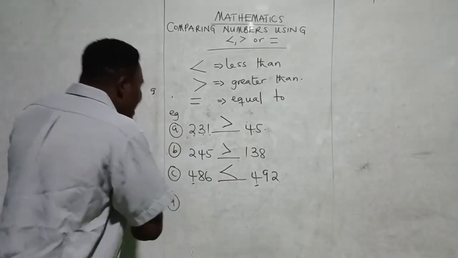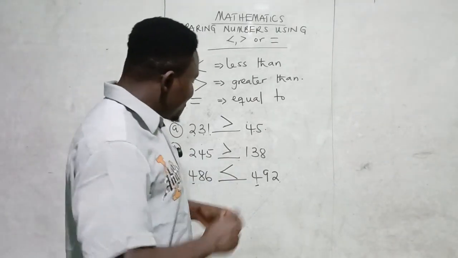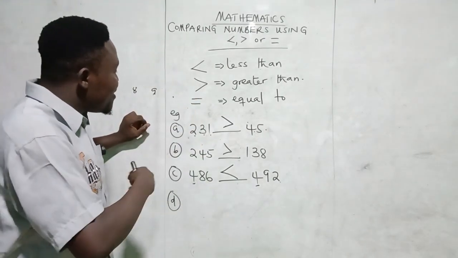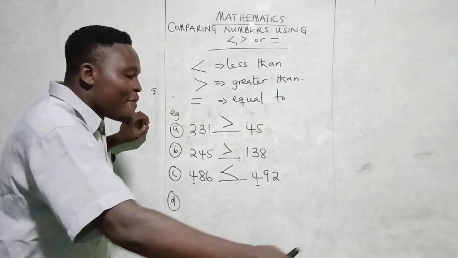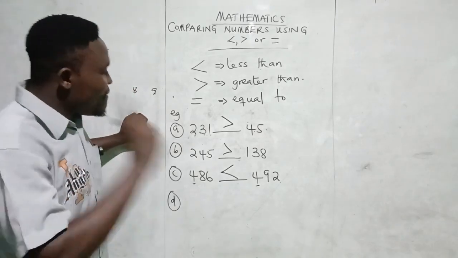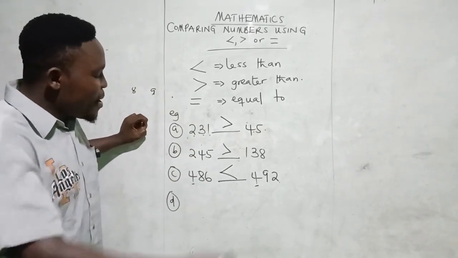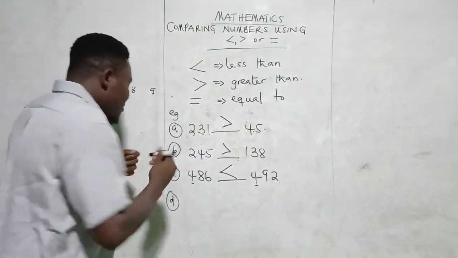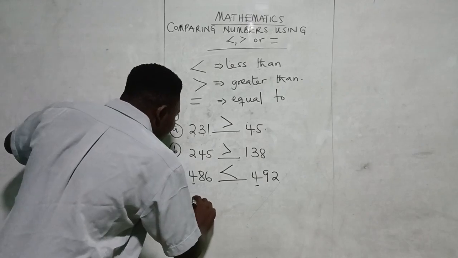Now let's take another one. Someone will say, what if my number of digits are the same, my first numbers are the same, my second numbers are the same? What then happens? So that is when you go to your third rule.